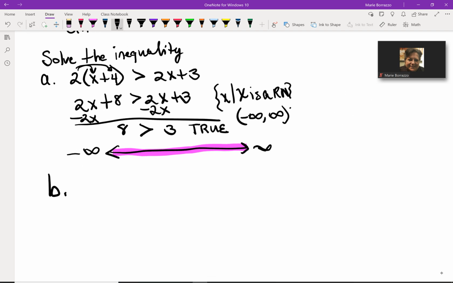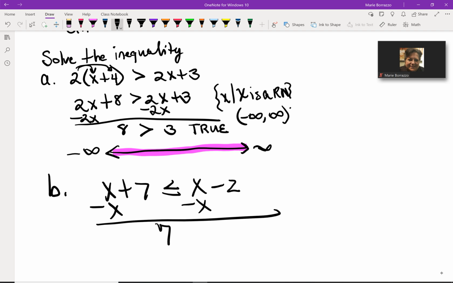The second unusual question is this one, where I have x + 7 ≤ x − 2. And so again, if I subtract the x's, notice that my next line is 7 ≤ −2. This is a false statement, so we will call this a null set or no solution.